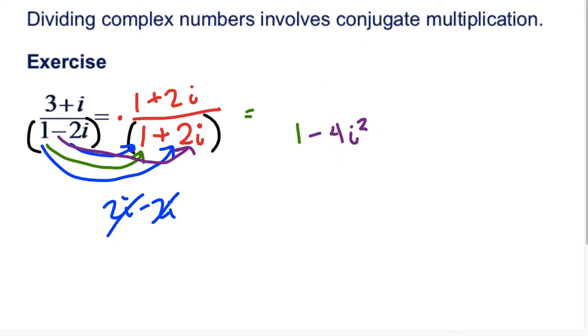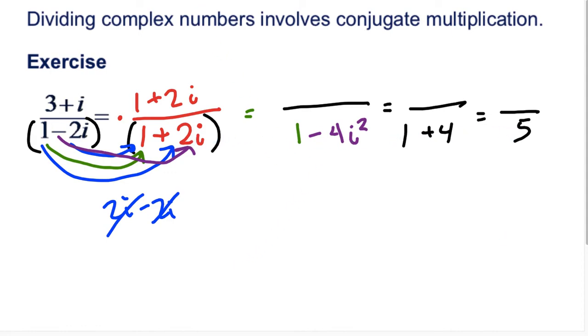Okay, and then together, really what that becomes is 1 plus 4 because this is negative 1 and this is multiplied by negative 4 becomes positive 4. And now by multiplying by its complex conjugate, the denominator is now not a complex number, it is now a real number. Okay, so that's how you would work it out.